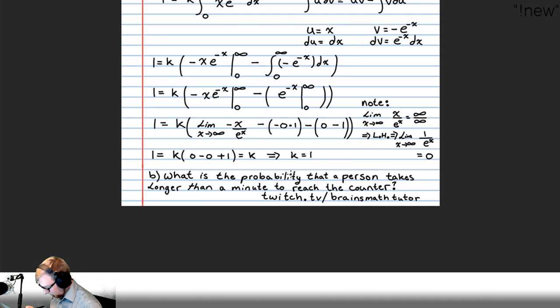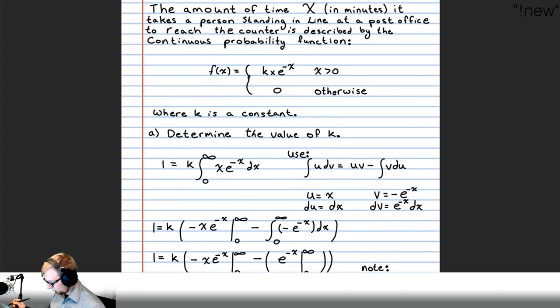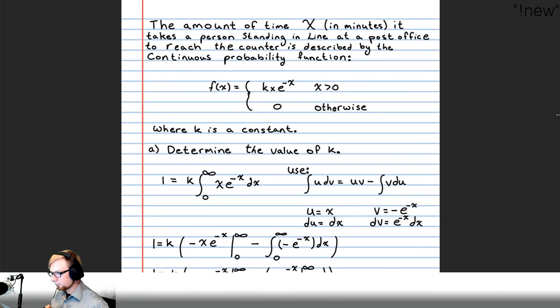Probability that a person takes longer than a minute to reach the counter. Okay. Looks good to me.